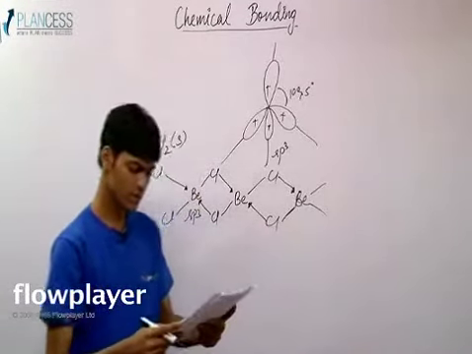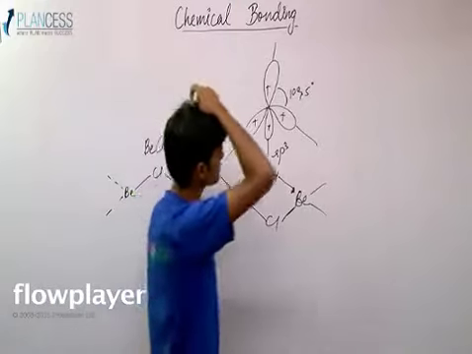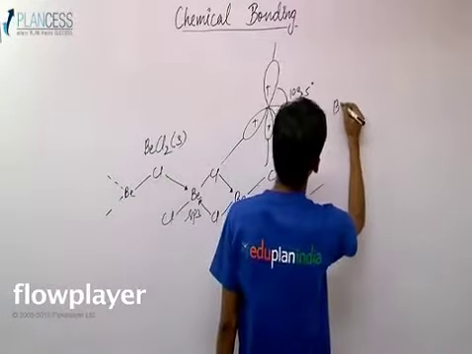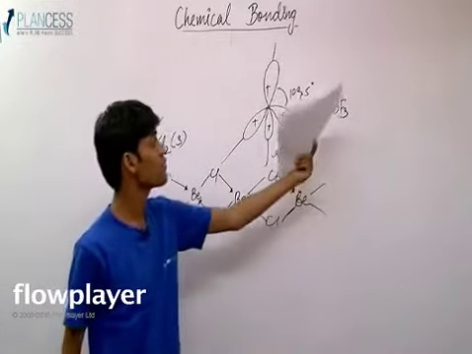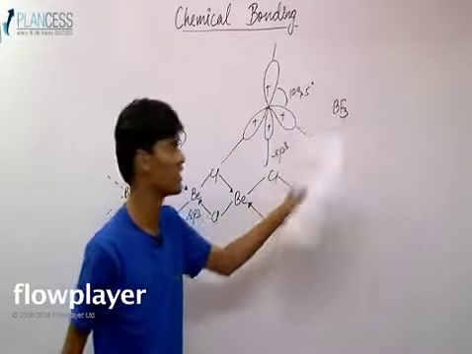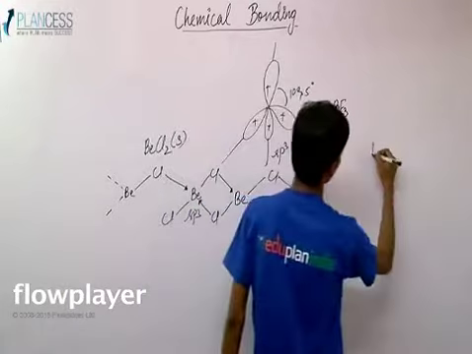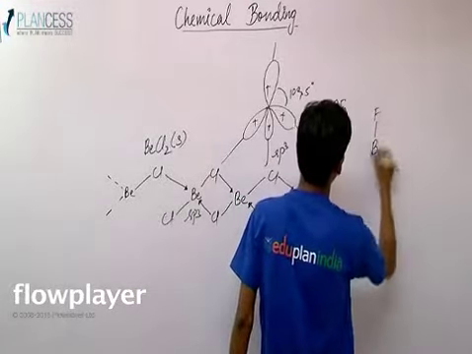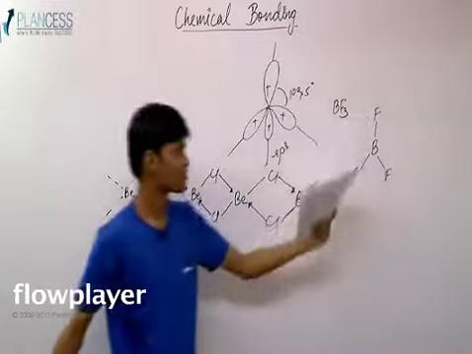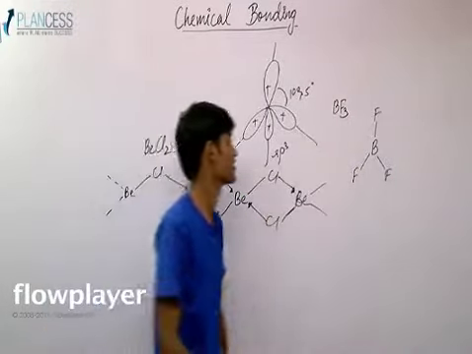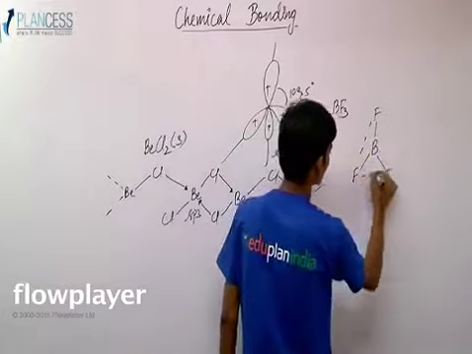Fine. Now BF4 minus. Considering BF3, there is one vacant p orbital on boron. BF3 is perfectly trigonal planar, and again I remind you, it doesn't satisfy the octet rule, one of its limitations.